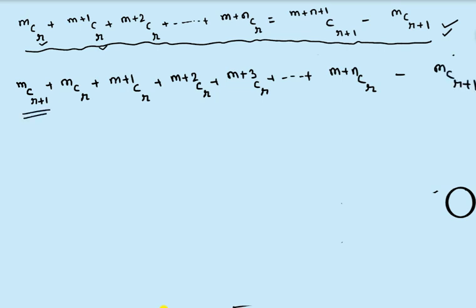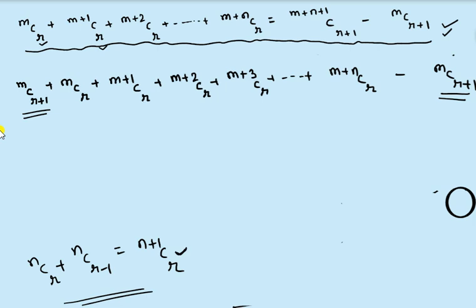Here the particular term is added, here I subtracted. Now according to our known result, nCr plus nC(r-1) is equal to (n+1)Cr. I hope everyone knows this result. This is Pascal's identity. If you know this one, the problem is over.